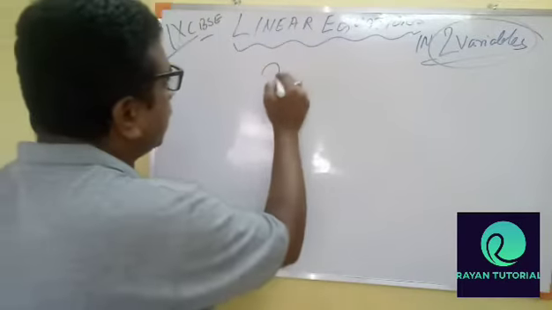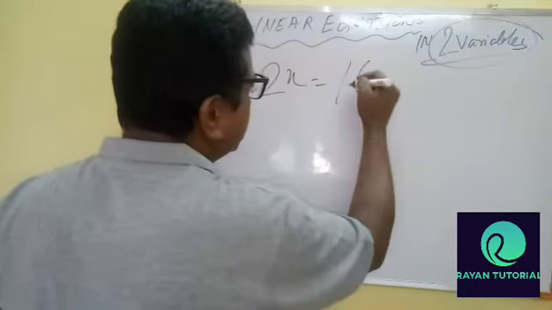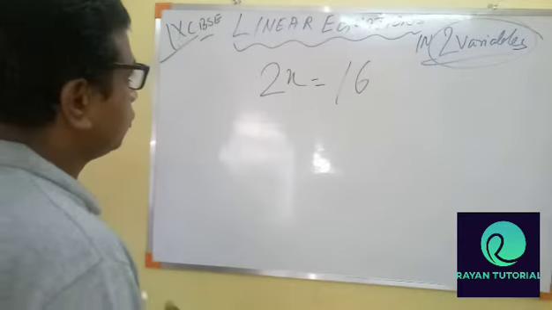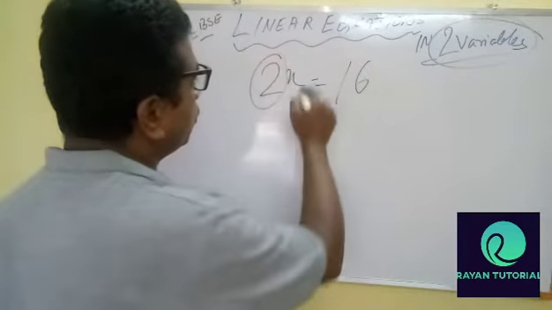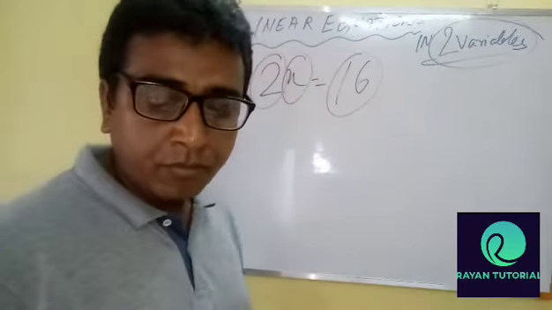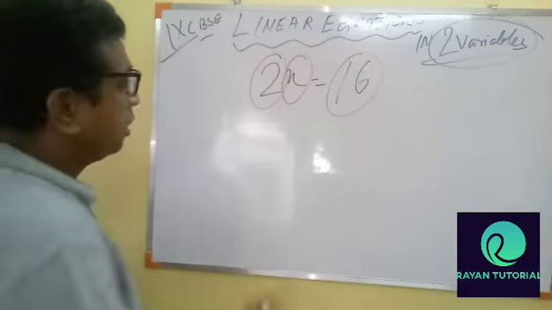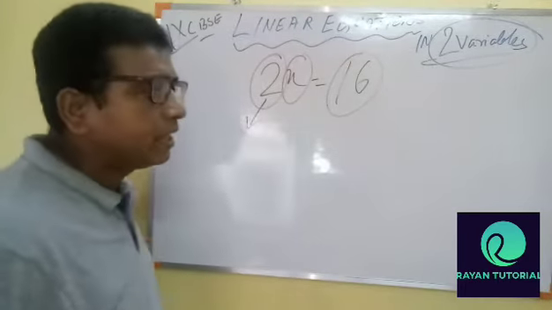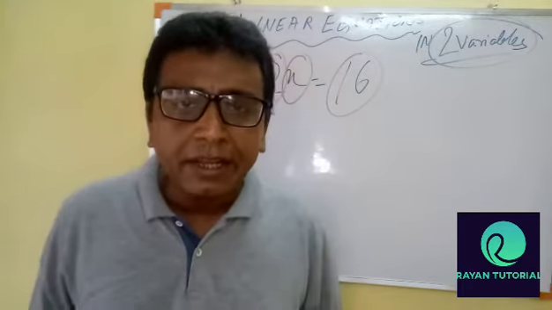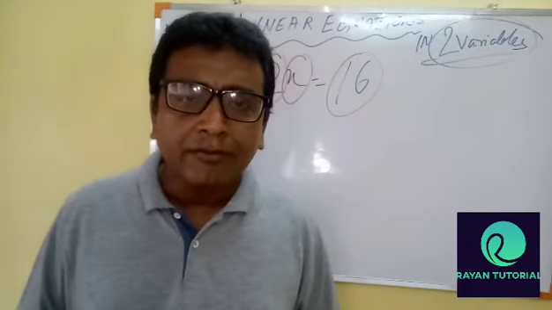Like the previous one I wrote, 2x equals how much did I write? I forgot. Let it be 16. See, here there are three things: one is 2, one is x, one is 16, right? Now, out of these three items, the value of these two, can you change them? Can it vary? Can it be 1? Can it be minus 3? Can it be 0.5?